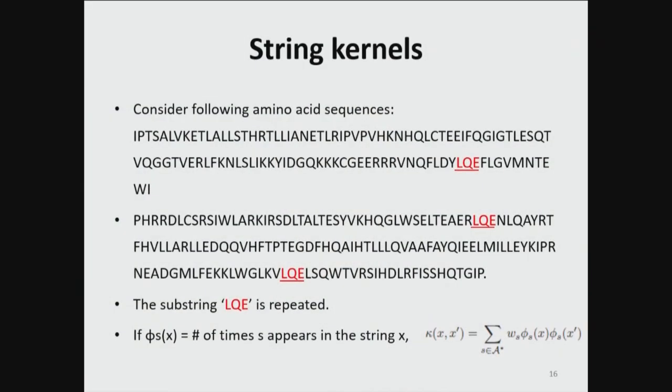Okay, we move ahead. We come to the next type of kernel, which is the string kernel. Suppose we consider two strings. Many times we need some sort of a similarity between strings, especially in the field of bioinformatics.